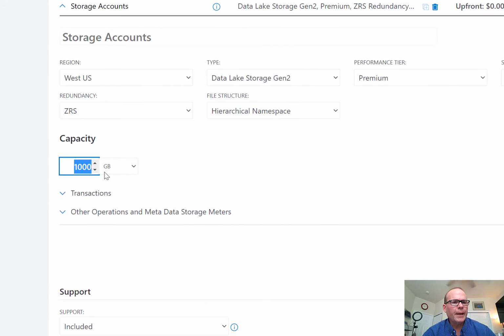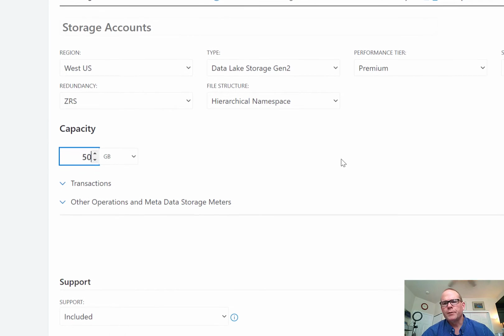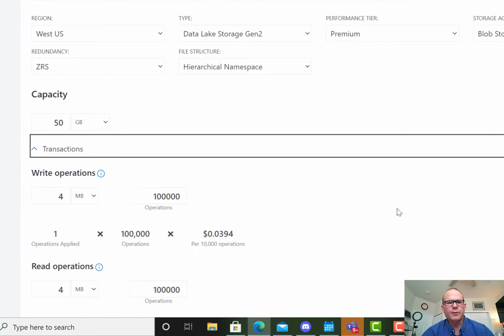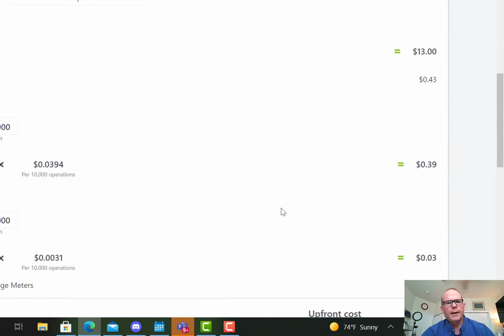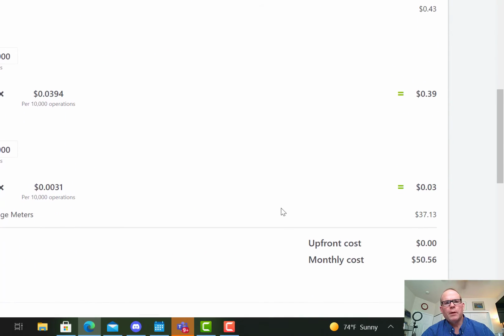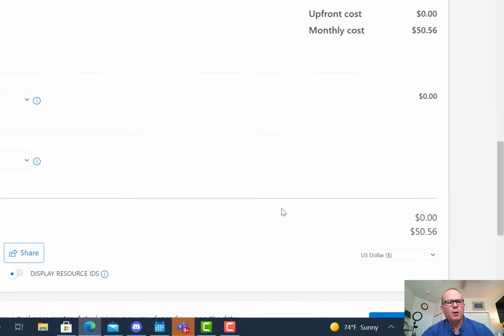But the customer said they had 2 gigs. I'm just going to go ahead and say like 10 gigs or maybe even 50 gigs to give them lots of room because it just doesn't change the price at all. This is a very small load. I just took the defaults for read-write operations because this is a super small amount.